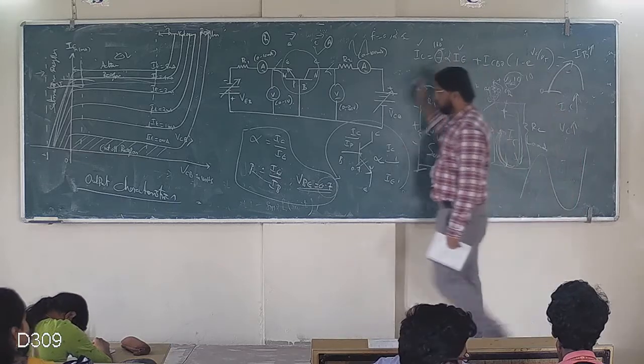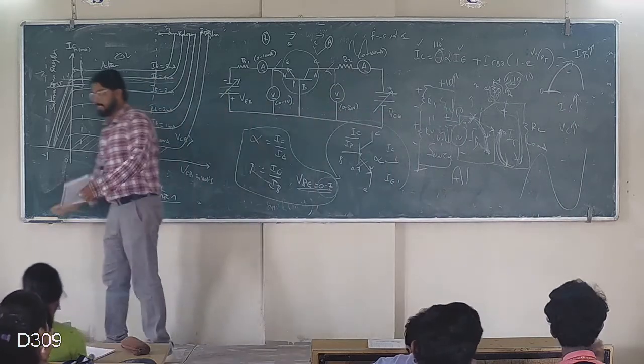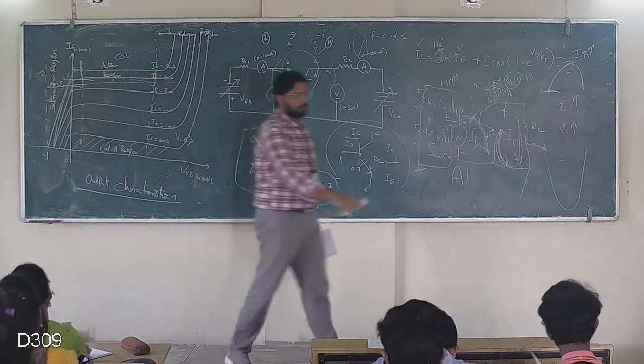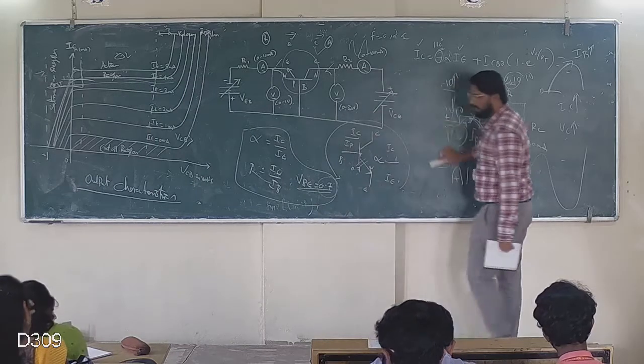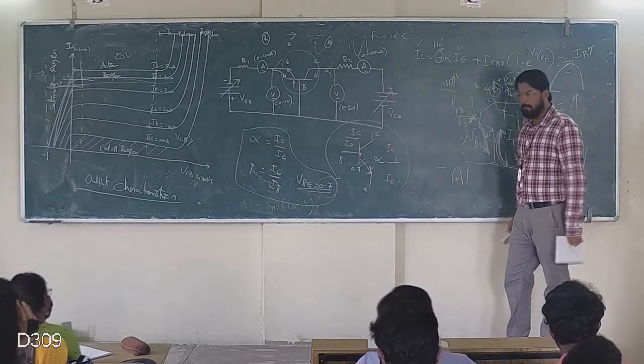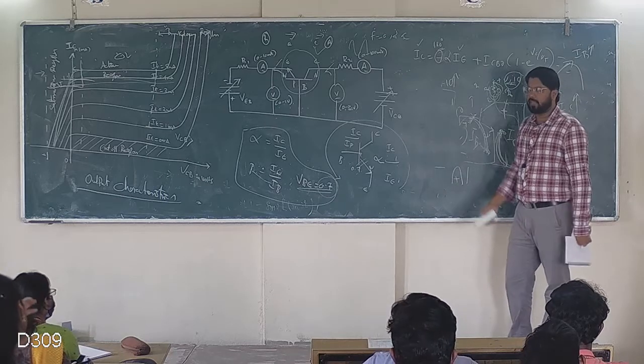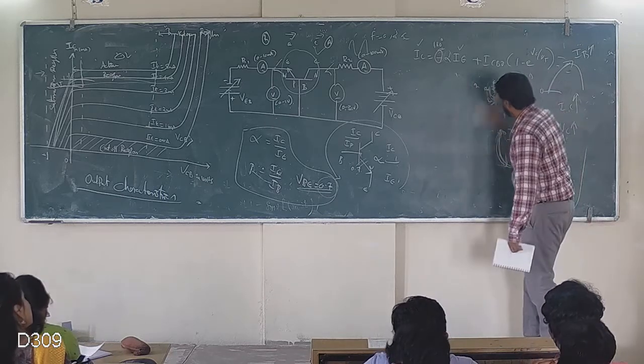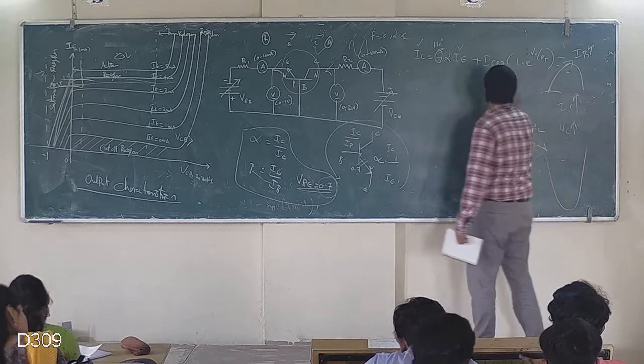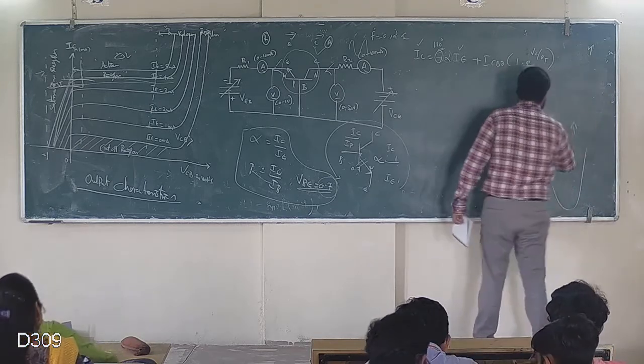Now take down the first equation. In general, collector current is equal to minus alpha IE plus ICBO. Take down: ICBO is a leakage current.